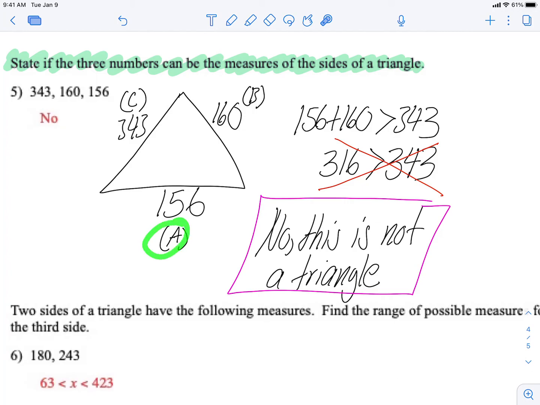Then we would have done A plus C is greater than B. Check. Then we would have done B plus C is greater than A. Check. If you would have gotten all three checks, then this would have been yes, this is a triangle. But since we got one no already, the answer is automatically no. No need to move forward. No need to move on. Okay.